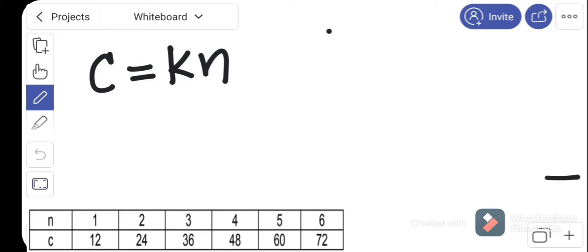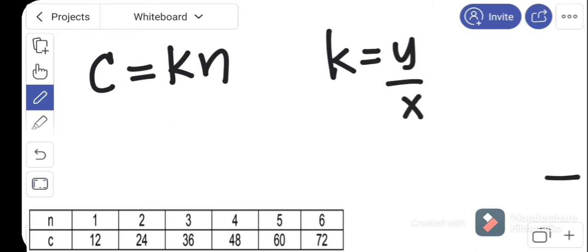As we all know, the constant of variation for a given direct variation is k equals y over x. And in our problem, our y is c, while our x is our n.